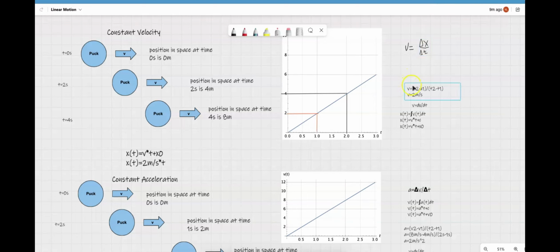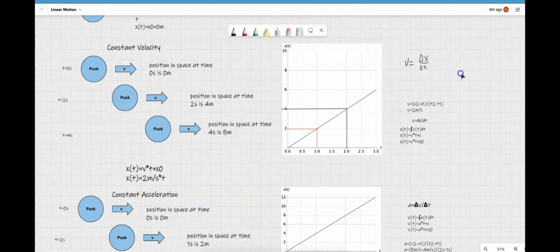You may recognize then that is the slope of a line. So if we put x of t, position, on this axis and time on this axis, we are just looking at a linear relationship.